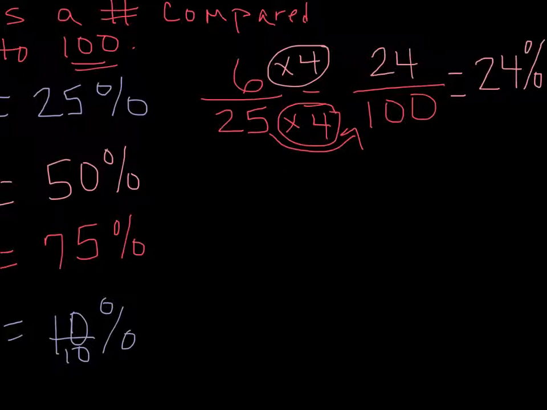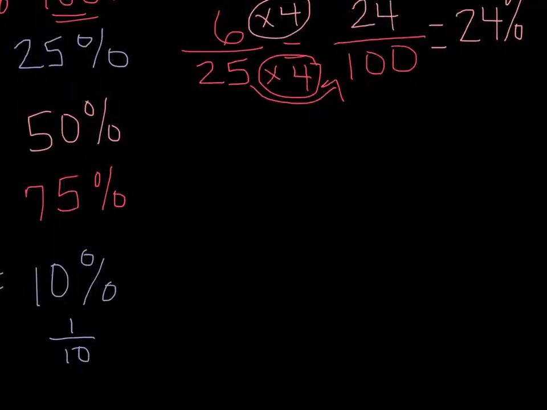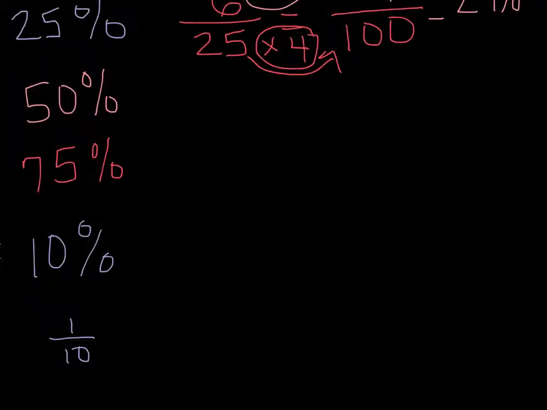So let's look at a fraction that is not a multiple of 100, so it's not a factor of 100, and we really don't know what to do with it, such as 2/9. 9 is not a factor of 100.